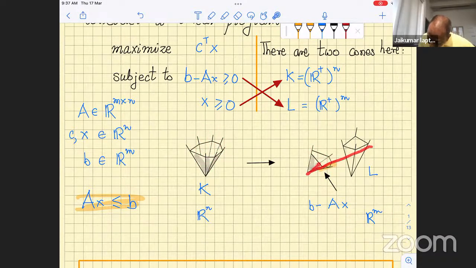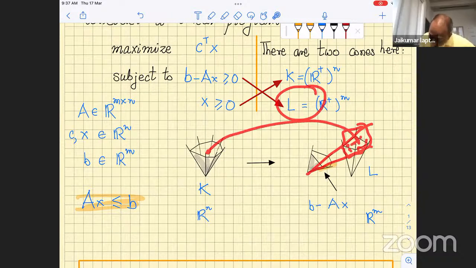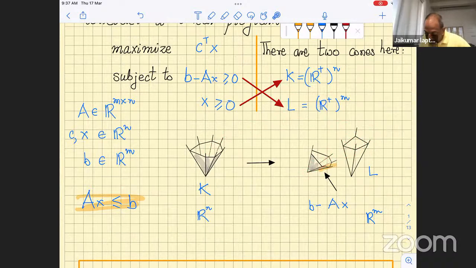Now, some of them pass through this cone. Those points which map into this cone are our feasible points. So there will be a bunch of points here, which when transformed by this will fall inside this.